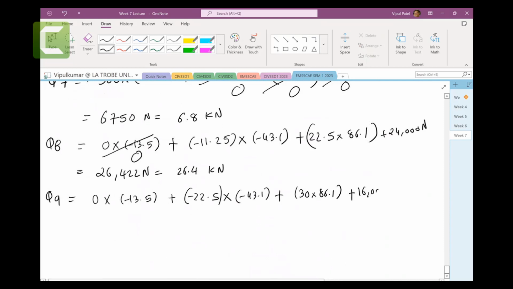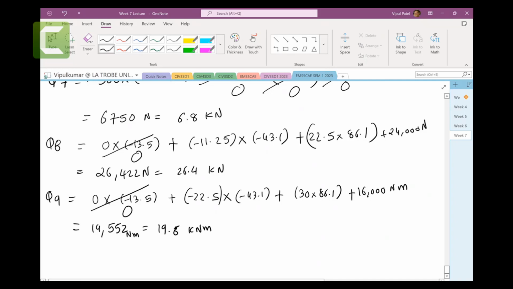So plus 16,000 newton meters. So this one 0, minus 22.5 times 43.1 plus 30 times 86.1 plus 16,000. You get 19,552 newton meters. So that will be 19.6 kilonewton meters.